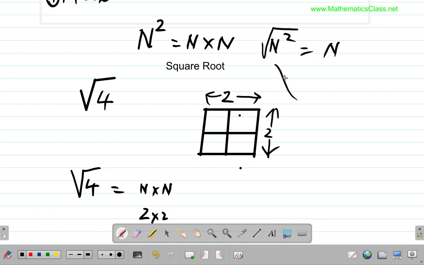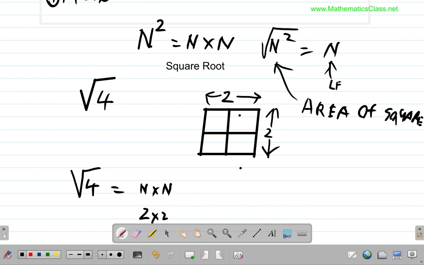N squared is the area of the square. N squared means the area of one square, so n must be the length of the side.